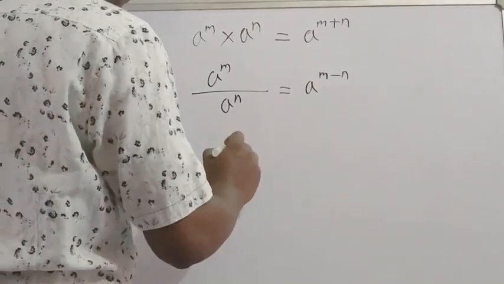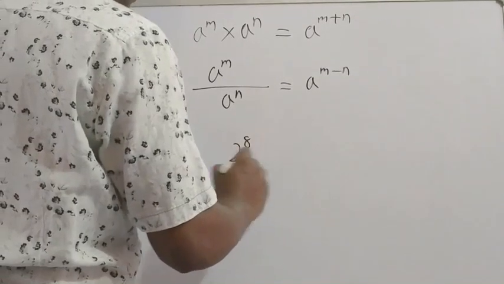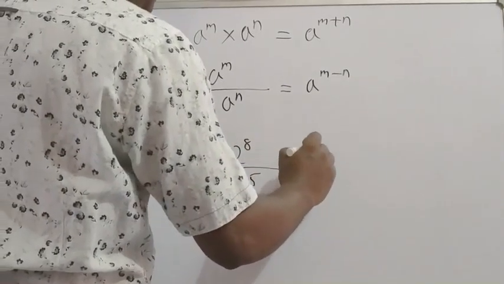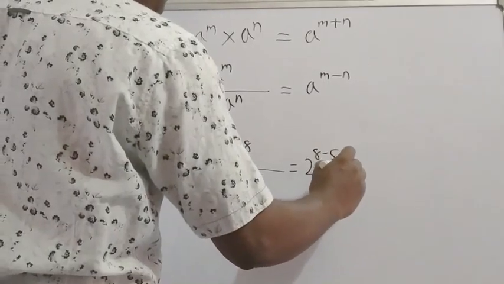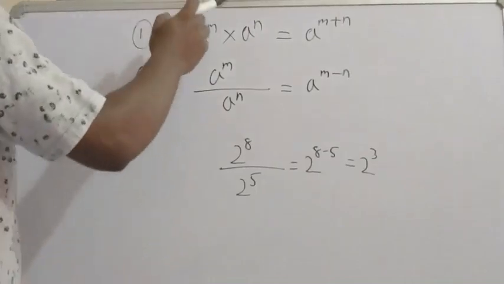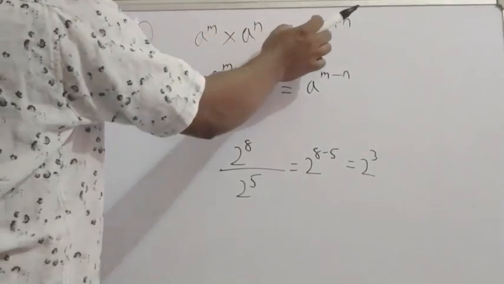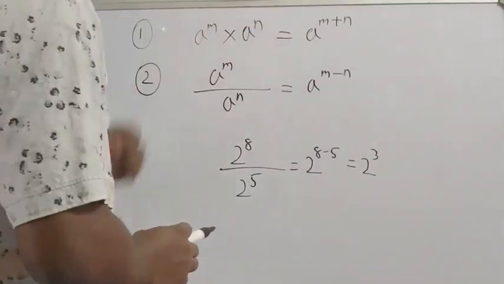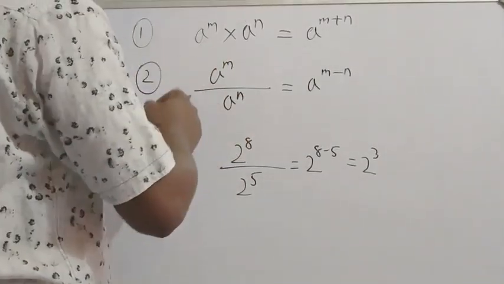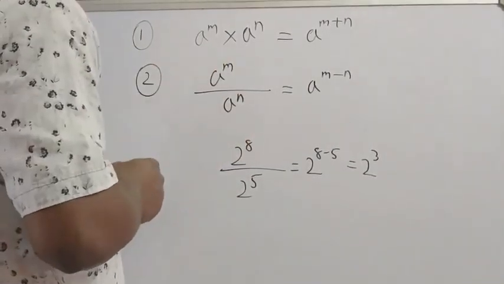For example, 2 to the power 8 divided by 2 to the power 5. We can write it as 2 to the power 8 minus 5, which is equal to 2 to the power 3. So understood? When it is multiplied, the power is added. When it is divided, the power is subtracted. These are the most common formulas in exponent.